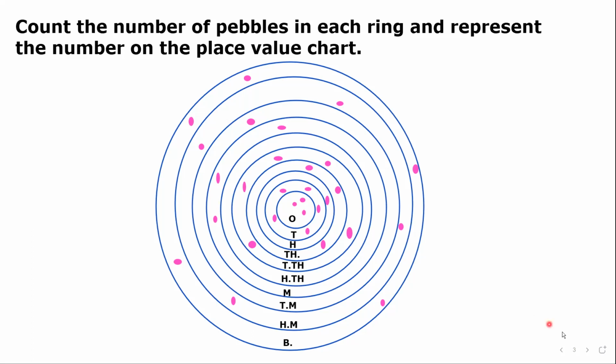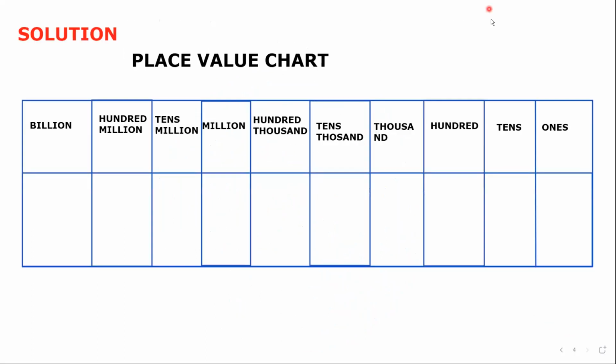Okay. Then you move on to the face value charts. So the ones here, you write only 3 here. Okay. That will be 3.